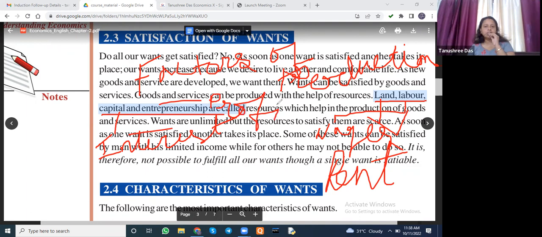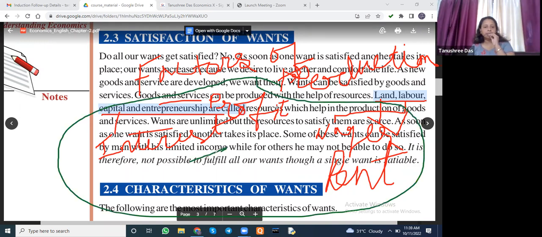If we combine all these payments we get against using the four factors of production, it will be referred to as income.